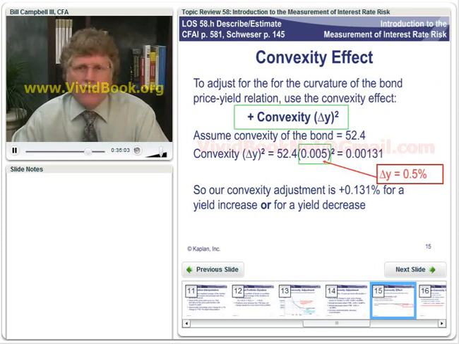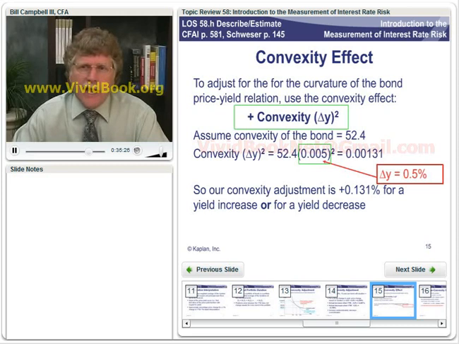So if it's 50 basis points, if it's 0.5%, you have to write that as 0.005. If they give us a convexity of 52.4, then we take that 52.4 times our delta y squared, 0.005 squared. That gives us an adjustment.